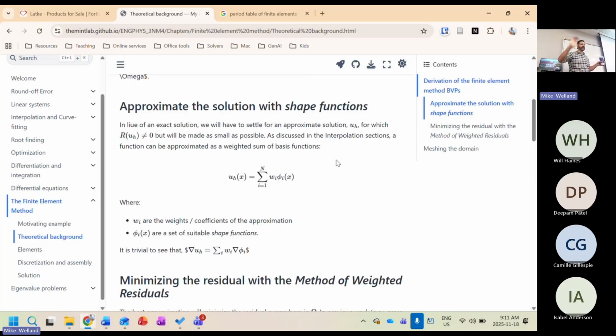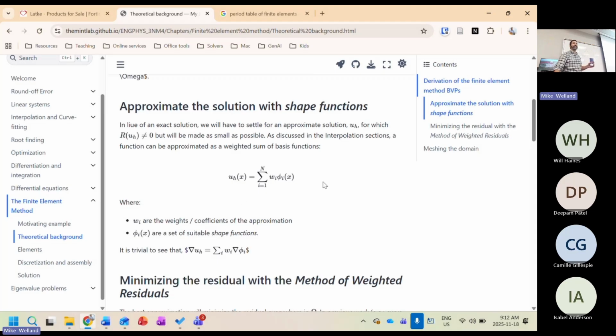I'm not sure why, I think it's one of these rigorous mathematical notations. So we're going to say that our approximate solution is expressed in a linear basis. What the heck does that mean? It means that it is the sum of some weights times some shape function.